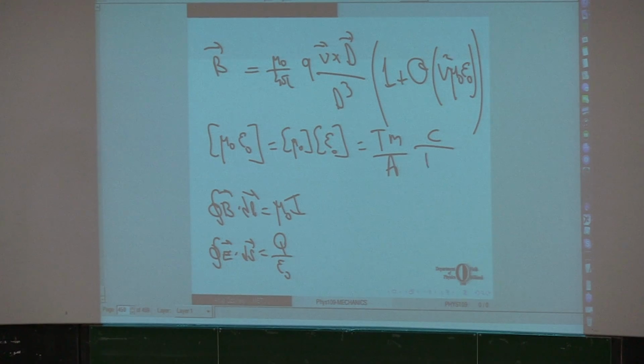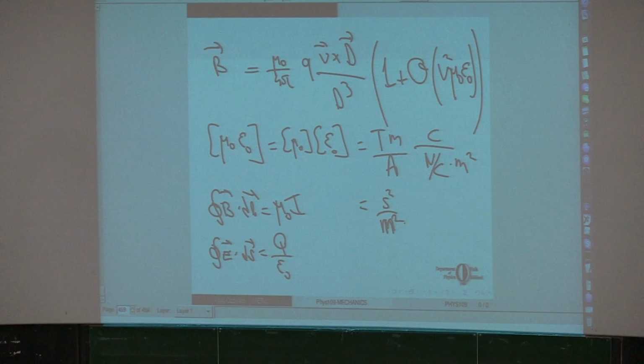Electric field is newtons per Coulomb times meter squared. Okay, what's the unit of Tesla? Anyway, this way you can just continue and the result will be second squared per meter squared.